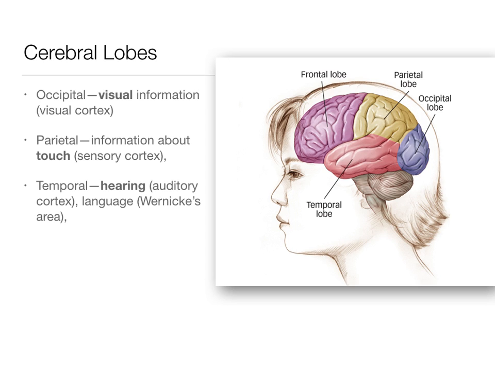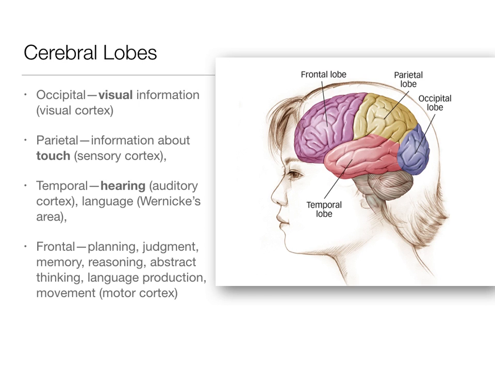Our temporal cortex is really easy to remember as hearing because it's right behind your ears, so a lot of our auditory information is processed there. We also have information about language as well. Wernicke's area is there.